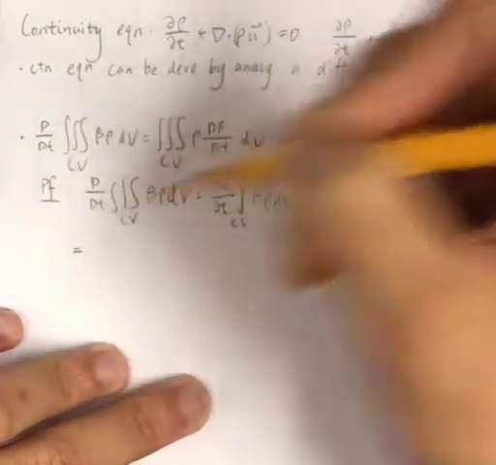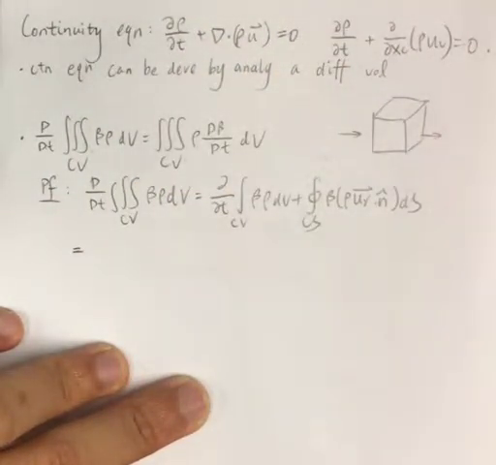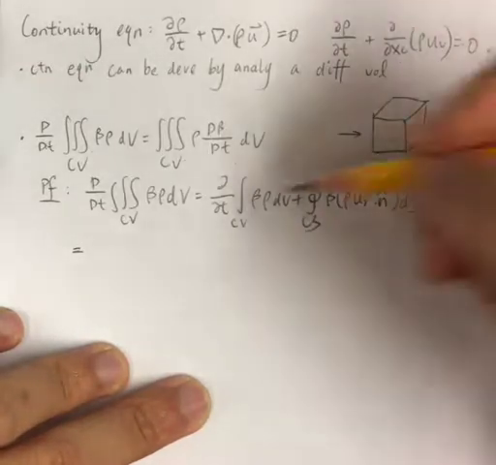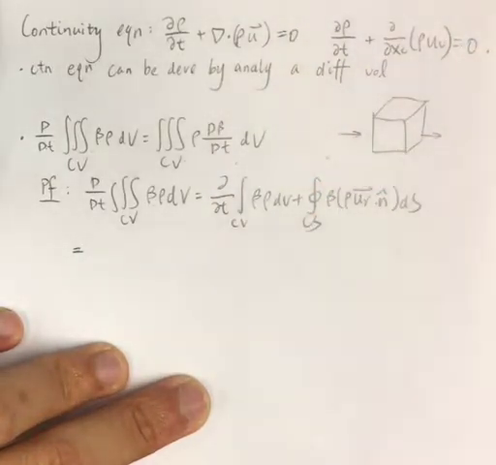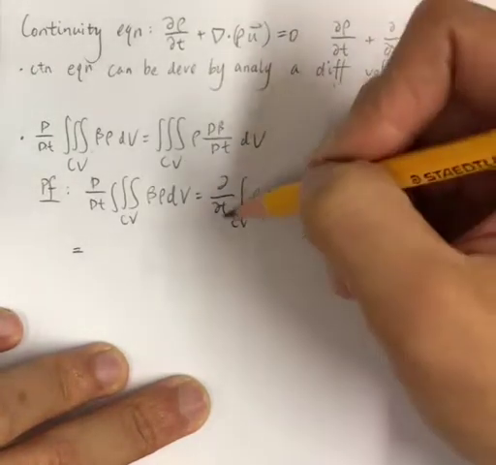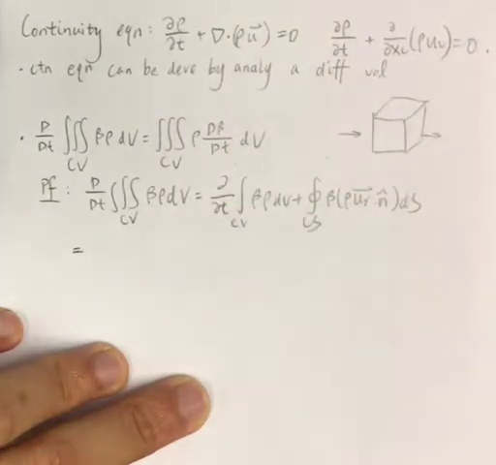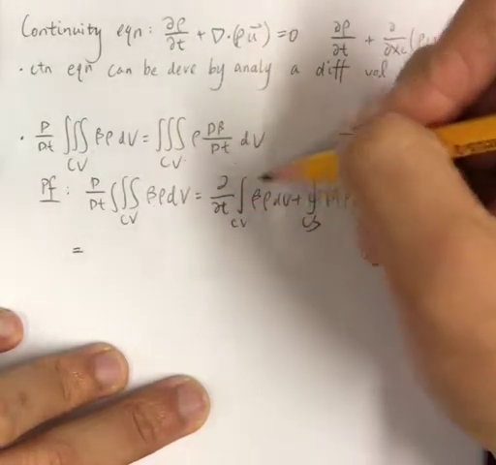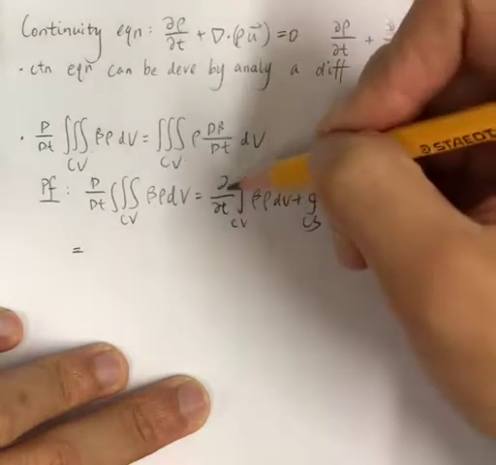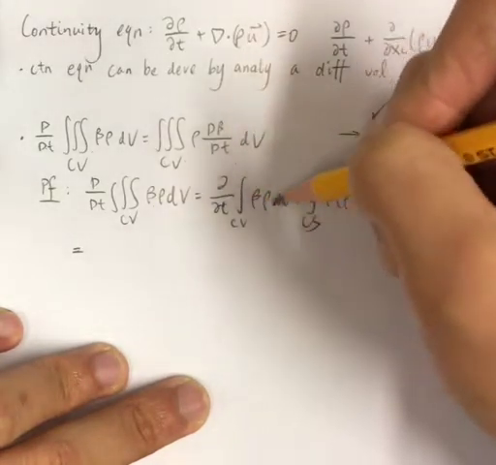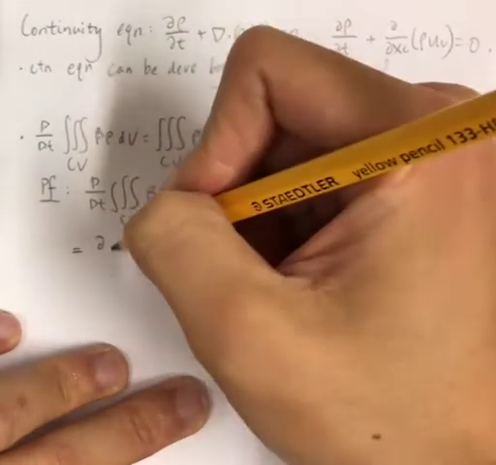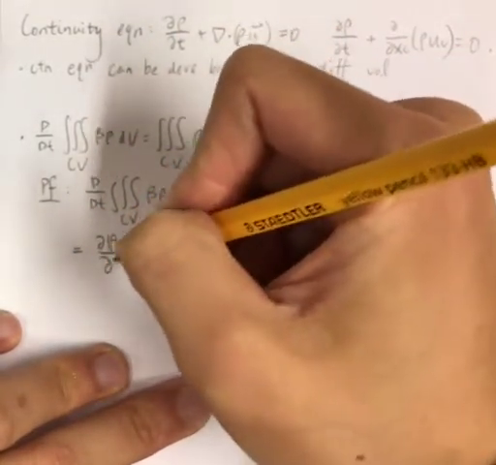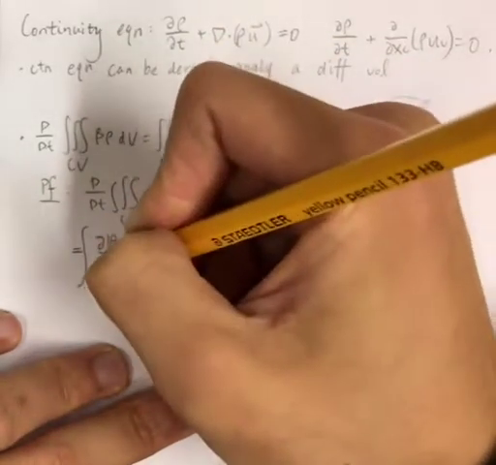Okay, so here, if we suppose, let's say, if we assume the dV in infinitesimal volume doesn't change with time, then we can put this thing inside, right? We can put the time derivative inside. So let's assume that and do that. So it will become something like this.